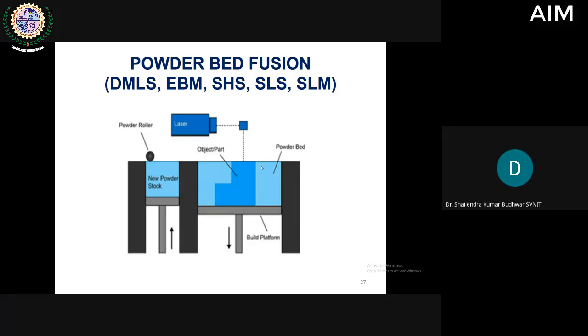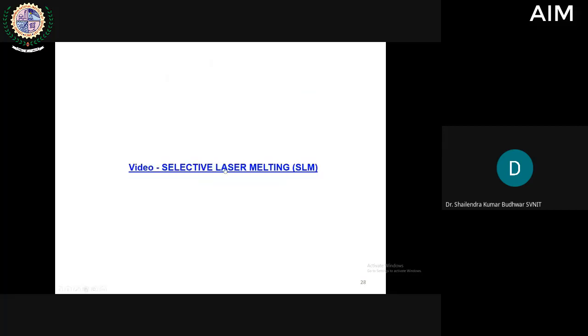So powder bed fusion uses any powder based material, but the most commonly used materials for DMLS, SLS, SLM are stainless steel, titanium, aluminum, cobalt, chrome, and steel. And for electron beam melting, we use titanium, cobalt, chrome, aluminum, and copper. So you can see how this technique is performed.